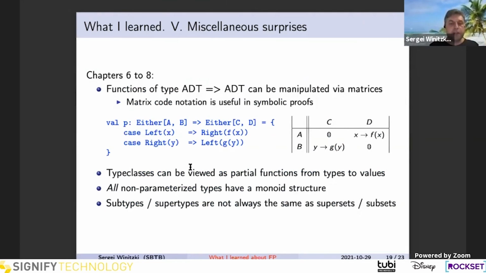Another funny thing I found is that when I write proofs, I would like to write proofs in a shorter notation, not in code. And I found that matrices can be used to represent algebraic data types, coproducts. So functions from a coproduct to coproduct can be written very well as a matrix. And you can write the types as rows and columns, rows for type of input and columns for type of output.